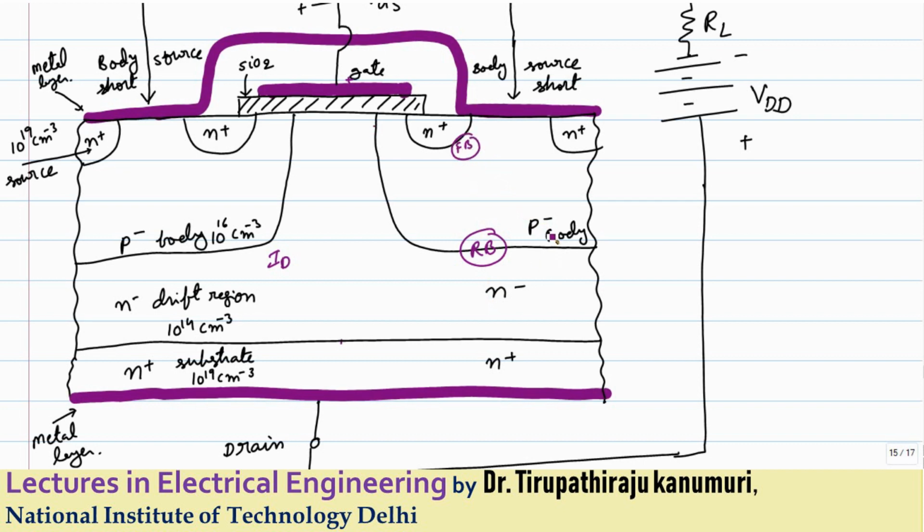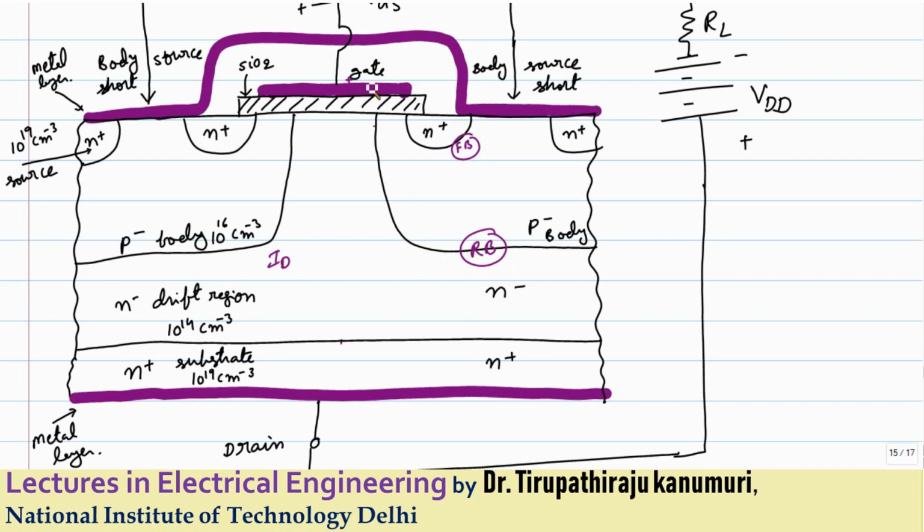Because the positive is connected here to N, this will get reverse biased. With respect to the second terminal, because the source is connected to 0 volts or the reference potential, this P minus is at positive potential with respect to the source, so that's why this will be forward biased. Because of the reverse biased layer, the current cannot pass.